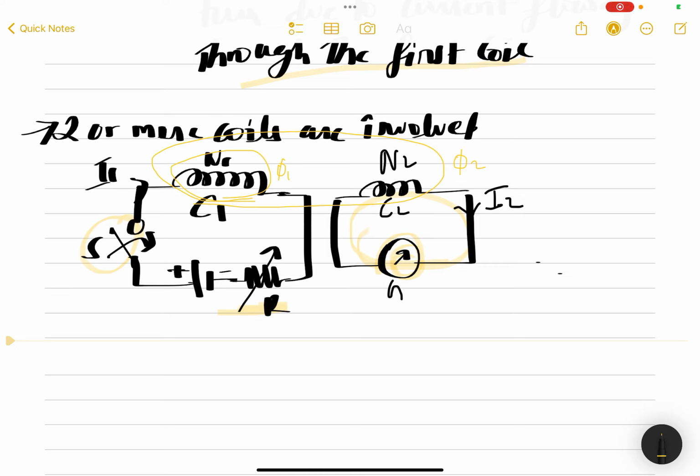Now see this linking of phi2, which is produced due to C1 only, but still it is interlinked with the coil C2. So this phi2 is nothing but a mutual flux, right? This is what we are going to derive: what the mutual flux is and how much magnitude of mutual flux we are going to get out of it.